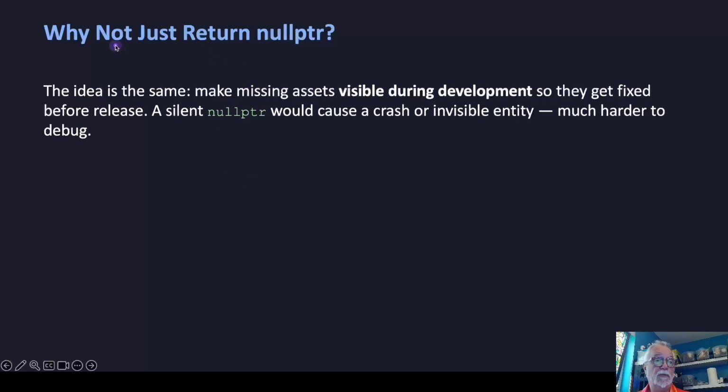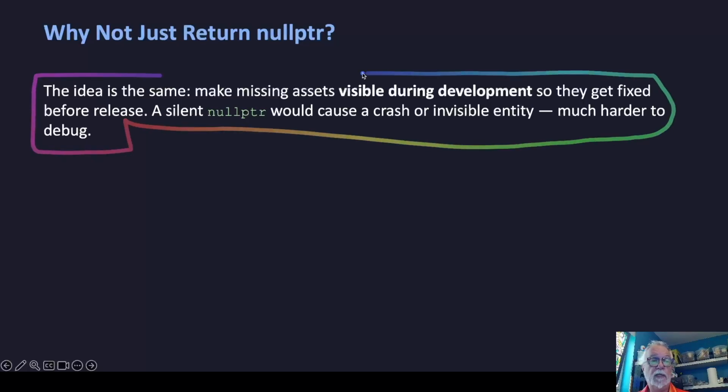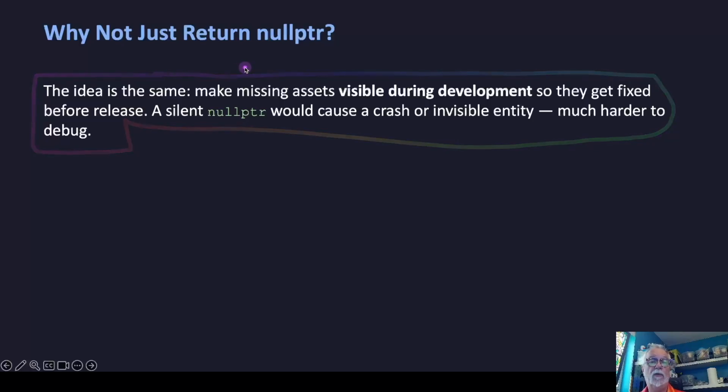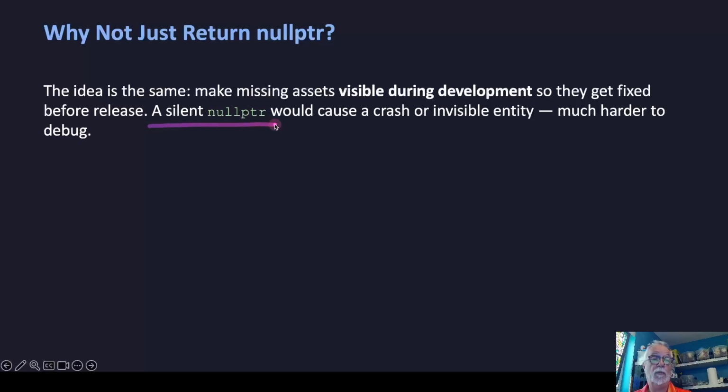Again, why don't we just return a null pointer? I want the game to continue to work. In particular, we may have a level that's waiting for artists to add assets to the game. So I can actually work on the interactive part of my game, whereas if I return a null pointer, I will crash. As I mentioned when we talked about the fonts, fonts will silently disappear.